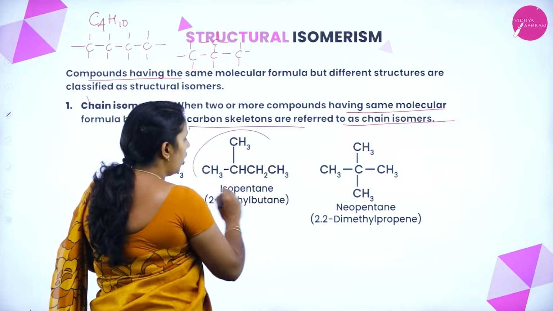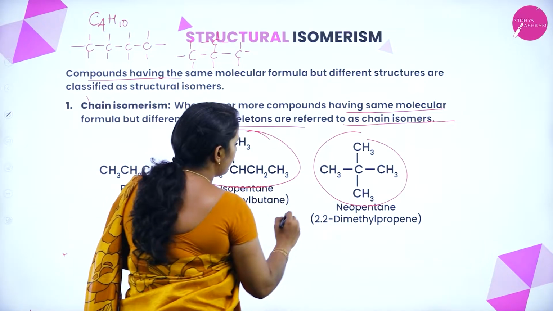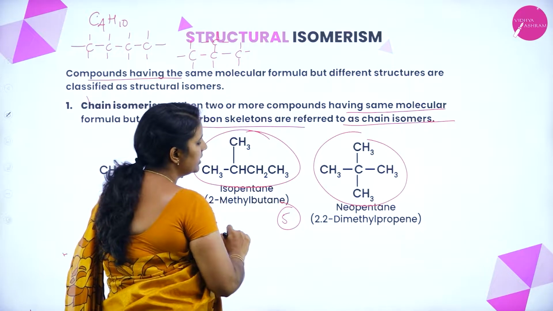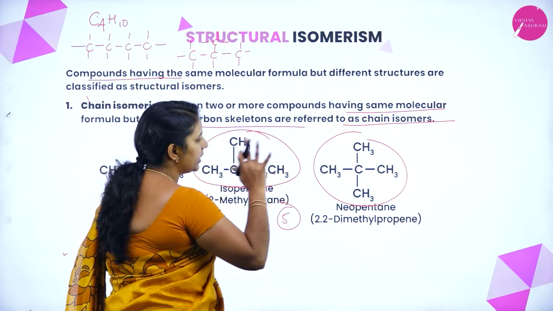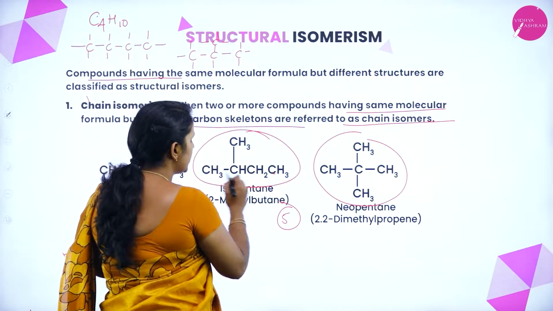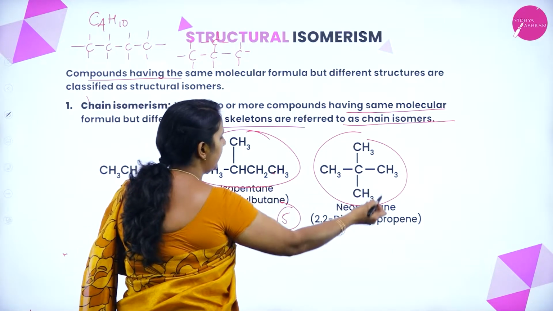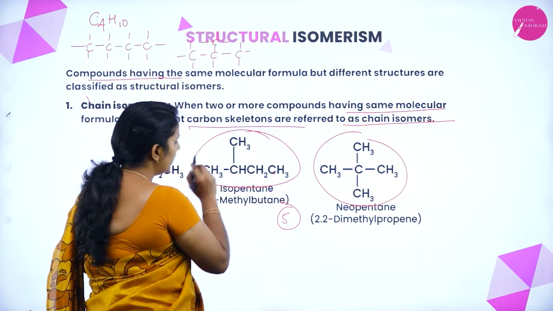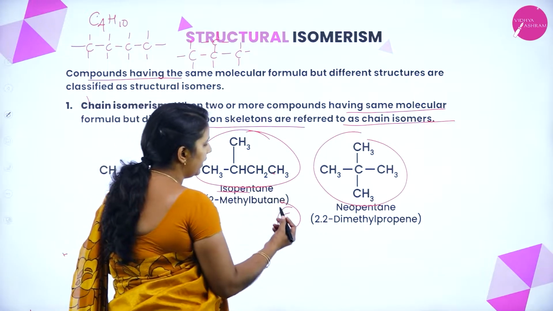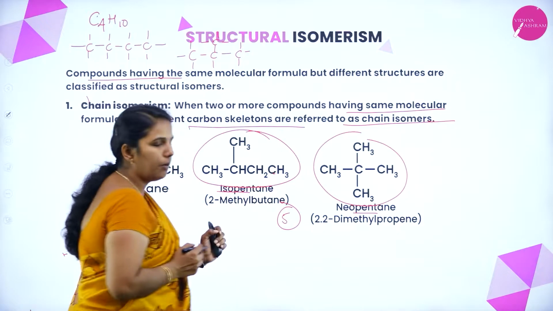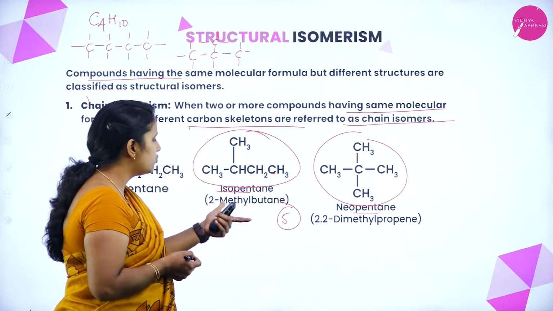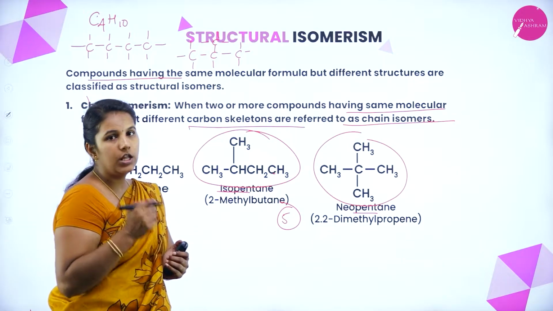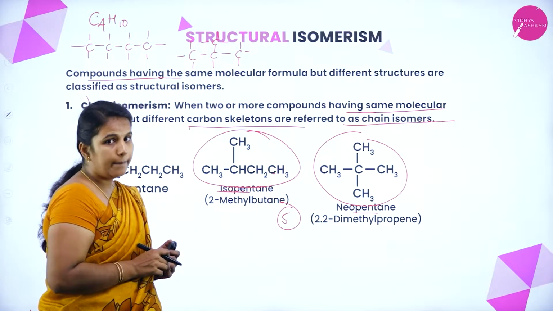In all these compounds, there are 5 carbon atoms, correct? But the skeleton of the chain is different. This is a straight chain, this one has a branching, and this one is completely branched. The name of this compound is isopentane and this one is neopentane. In IUPAC nomenclature, it is different: it is 2-methyl butane and it is 2,2-dimethyl propane.